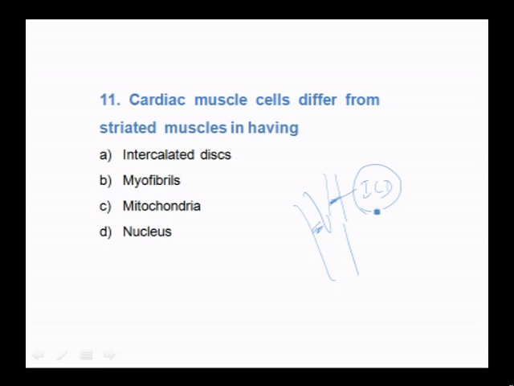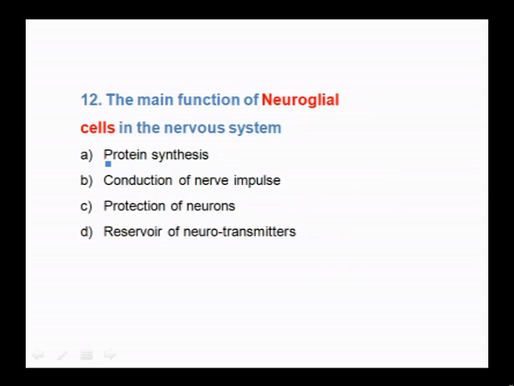Such intercalated discs are absent in smooth or striated muscle. Cardiac muscle differs from striated muscle in having intercalated discs. Myofibrils, mitochondria and nucleus are present in all types of muscles, but intercalated discs are present only in cardiac muscle. Move on to the next question.